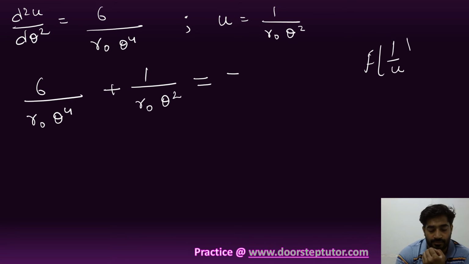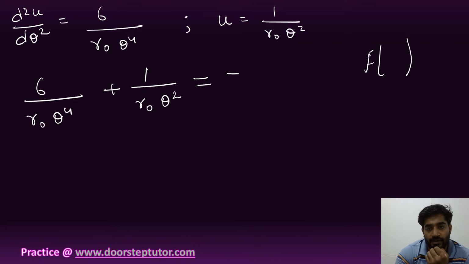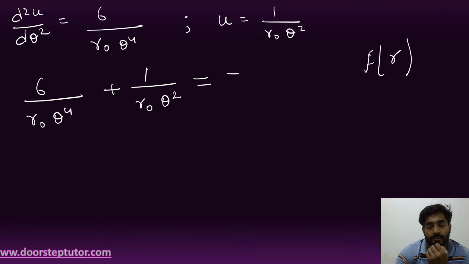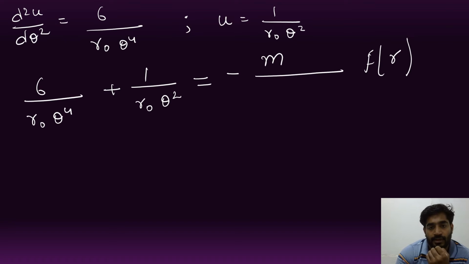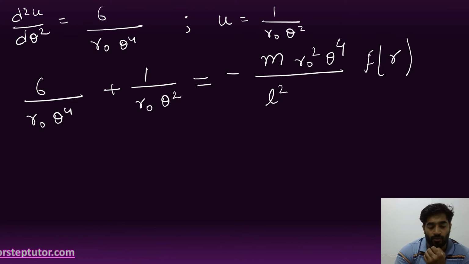Instead of 1 by u, we can write r, because this equation is in terms of r. The next step was m upon l square into u square. So u square is 1 by r naught square theta to the power 4. Is this okay up to now?